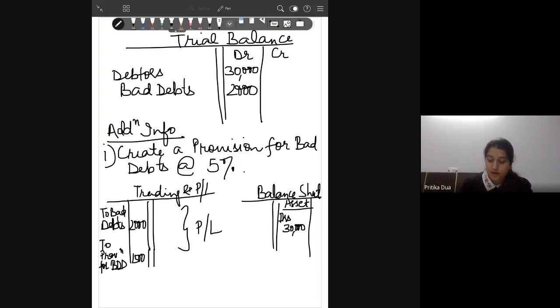This is the first treatment of the adjustment given in the question. The second treatment is that this 1500 will now be deducted from the amount of the debtors. So now the final value of debtors in the balance sheet will be 28,500.